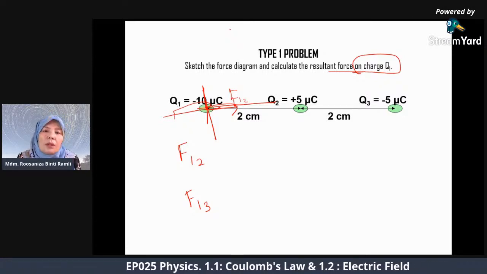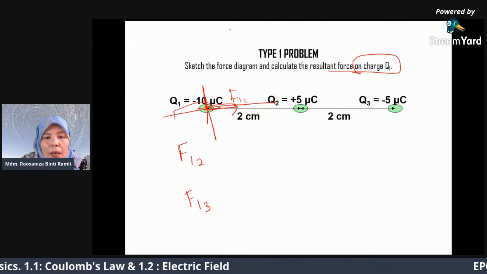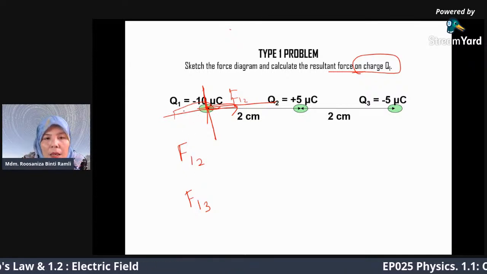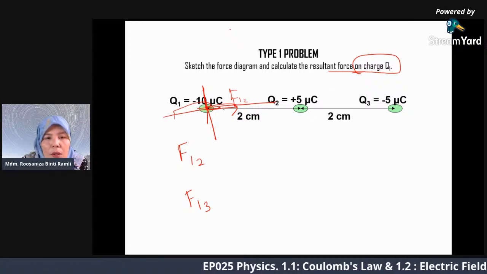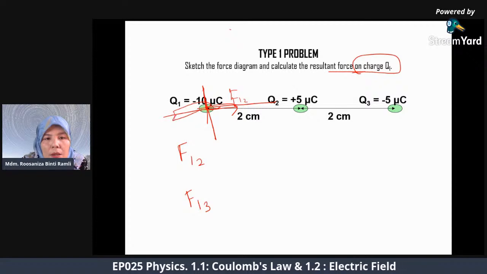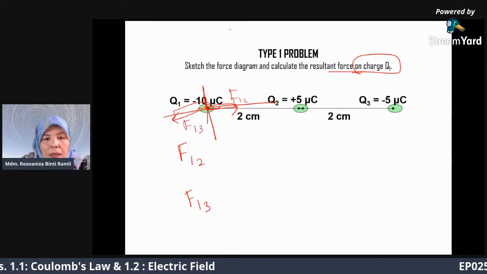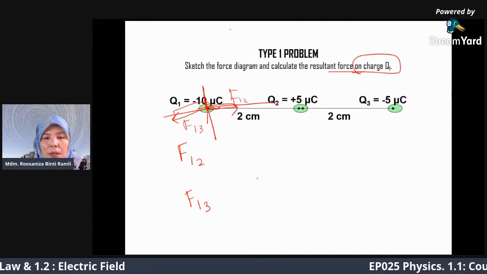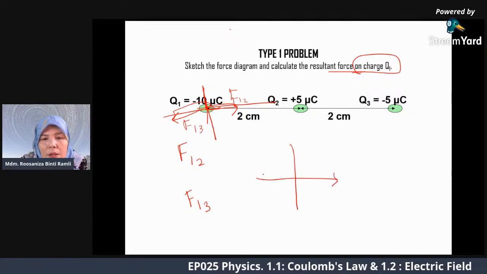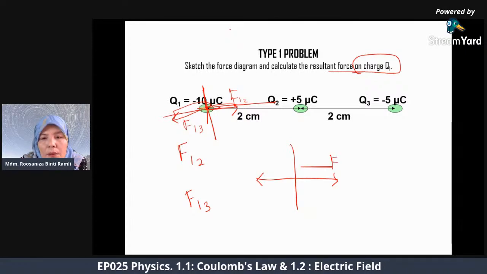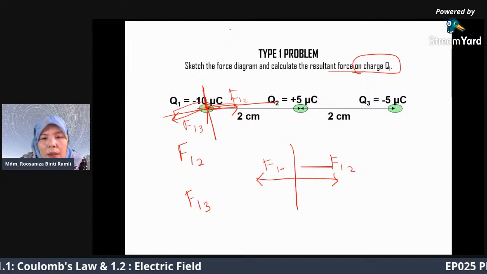And then for F13, charge Q1 is negative and Q3 is negative, so the direction of the force is to the left. This is F13. So this one is F12, and here F13.